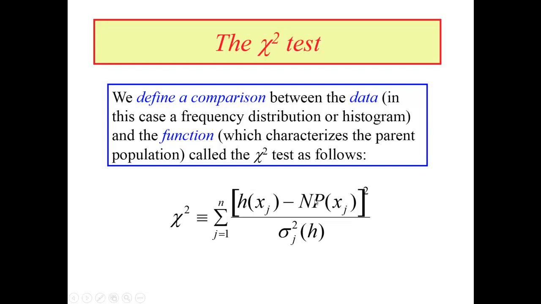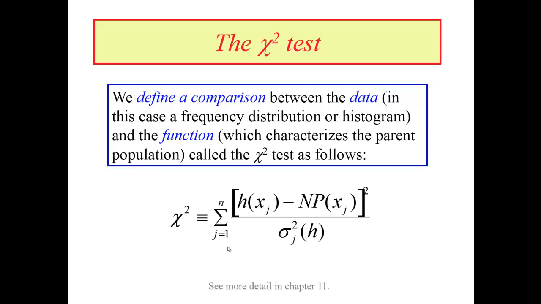The p is the assumed probability distribution function for those possible values, and n is the total number of measurements that we make. So the numerator is comparing the actual numbers of measurements that we make of a particular value x_j, and then we subtract what is the expected value that we would get for a particular parent distribution function. That quantity is squared, and then we divide by the uncertainty in that particular value squared. And we sum this up over all of the possible values.